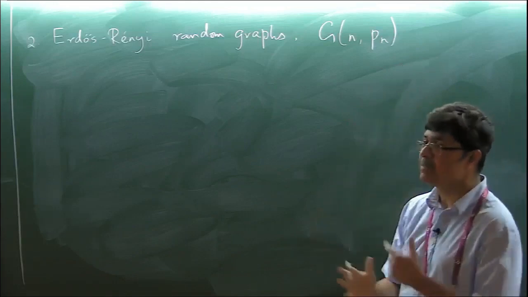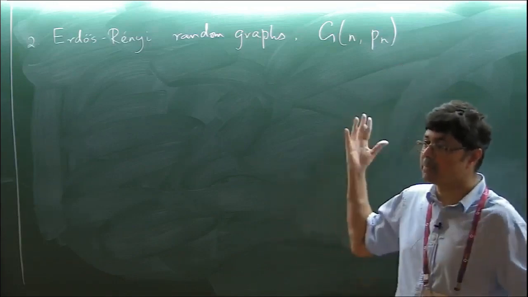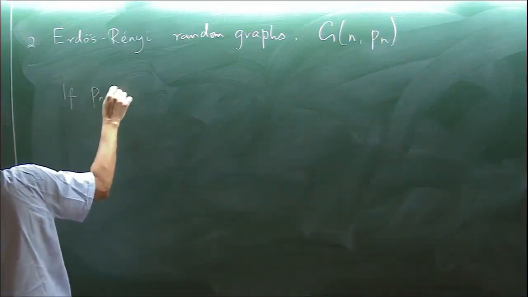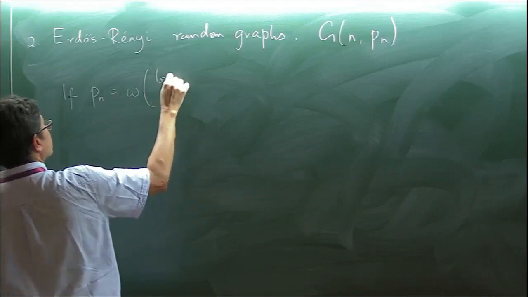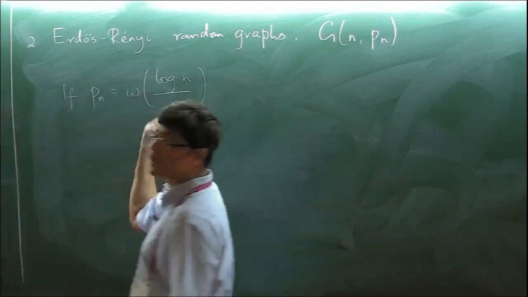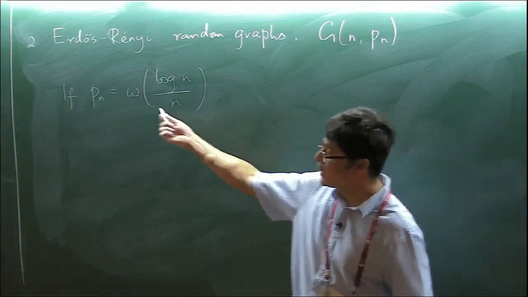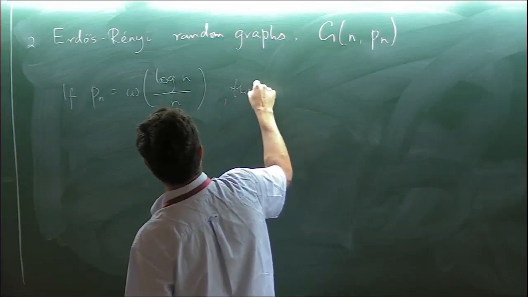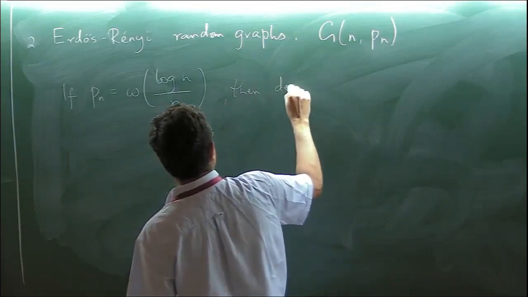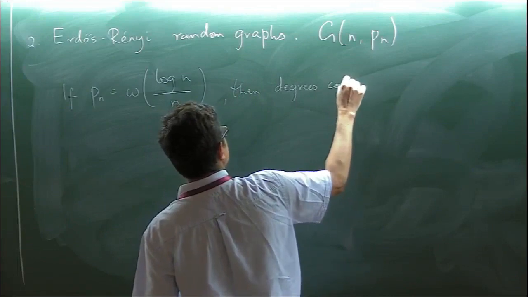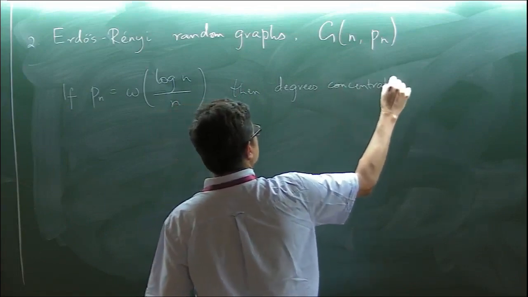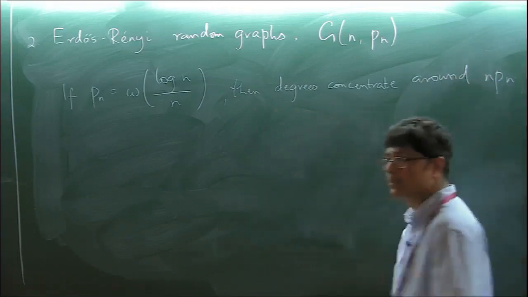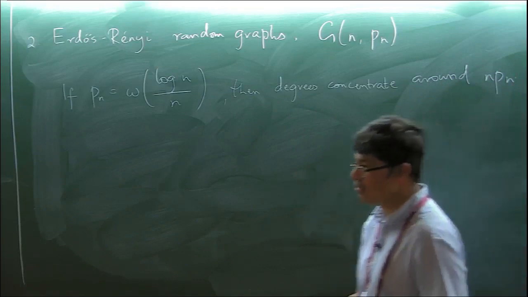If we are in a sparse regime, then there's a fairly big gap between these two things, but if we take p_n sufficiently large, so log n over n is the connectivity threshold, and if we take it growing faster than that, then the degrees concentrate around the mean value, n p_n.